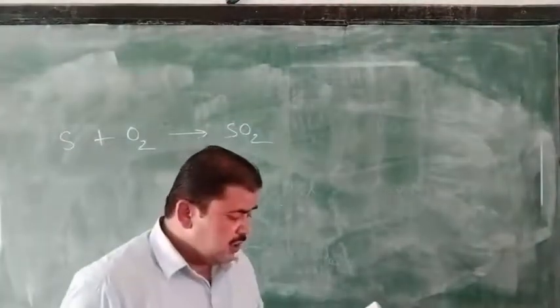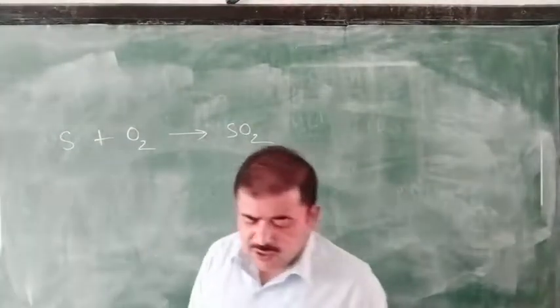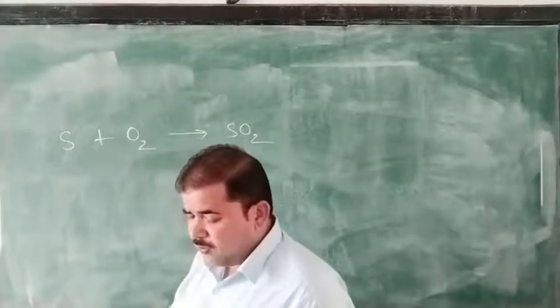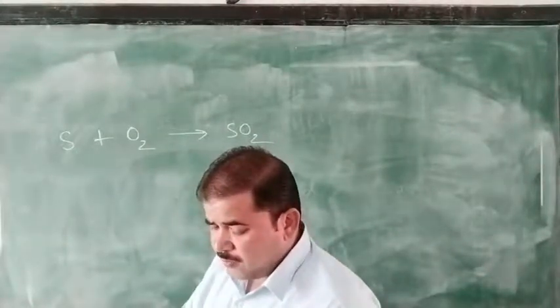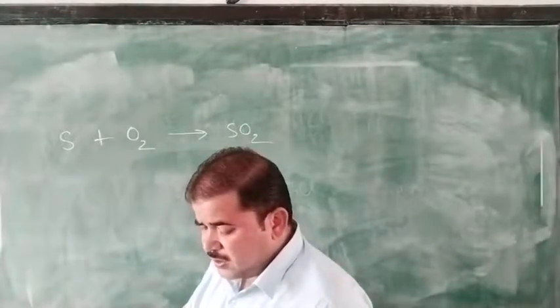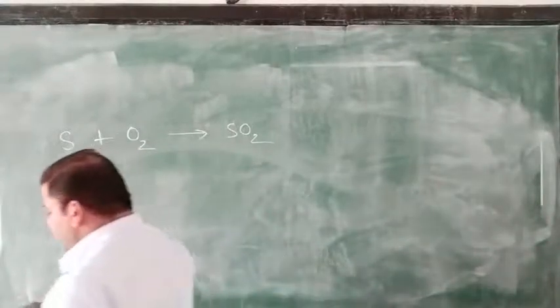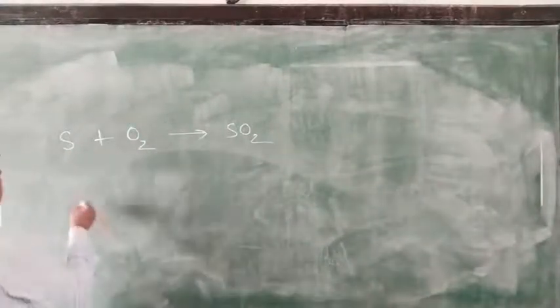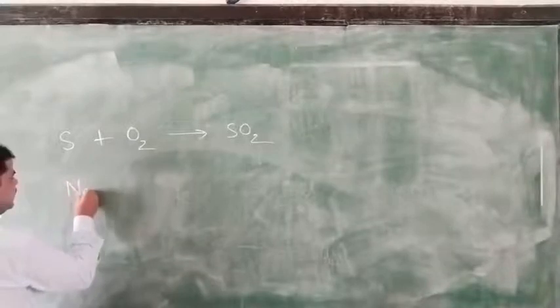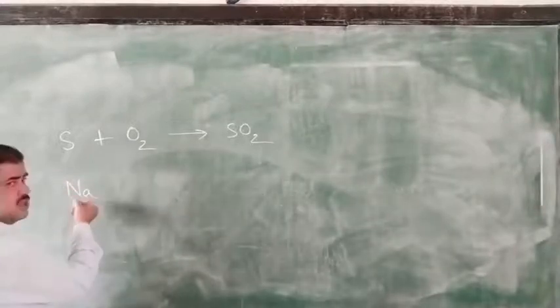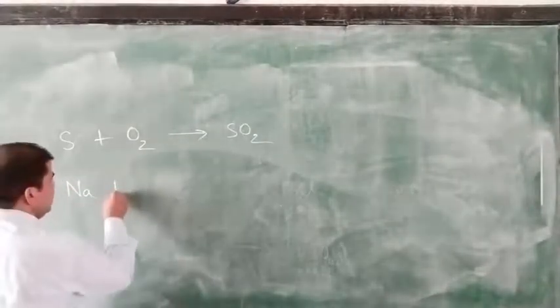After this, two elements, one of which is a neutral gas and the other a monovalent metal. So for the monovalent metal we can take sodium. Sodium is the monovalent metal.